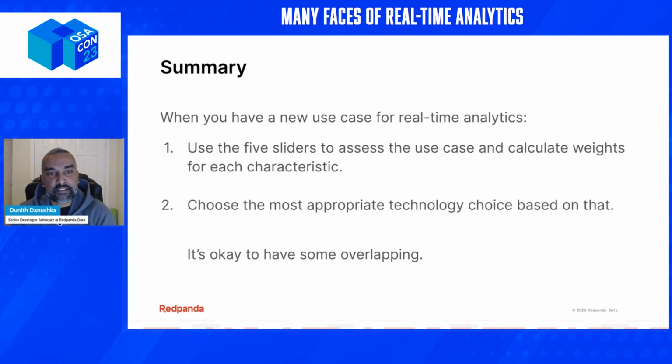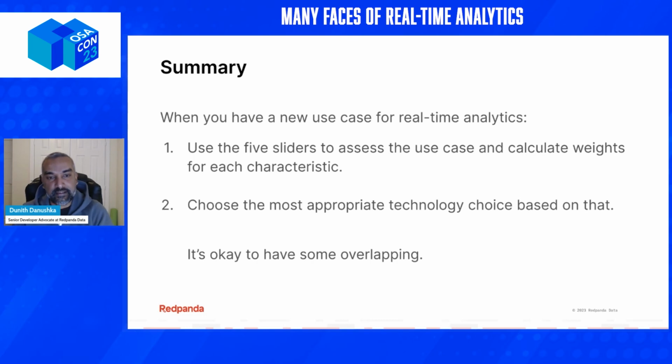When you are presented with your next real-time analytics use case, use the five properties or characteristics as five sliders to assess your use case and assign different scores for these values. For example, you might have an internal facing application that doesn't need high query throughput and latency. In that case, you can weight those sliders accordingly.